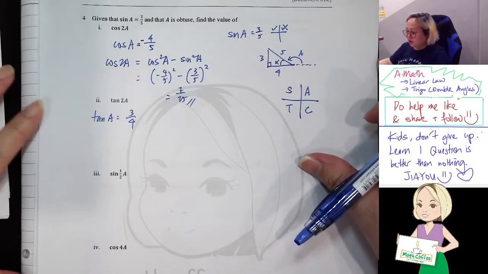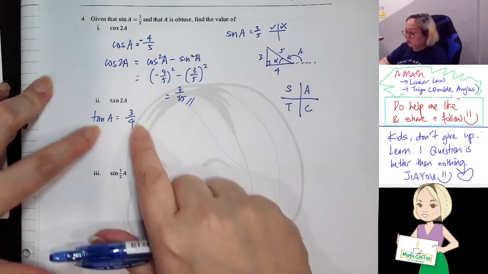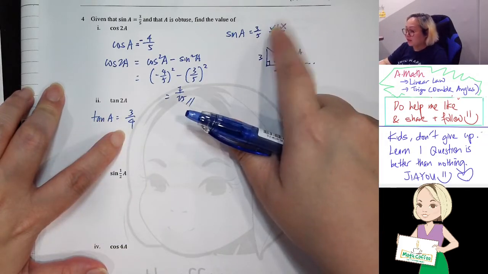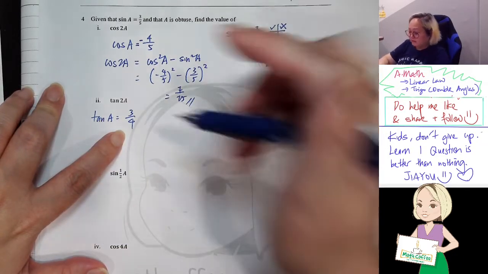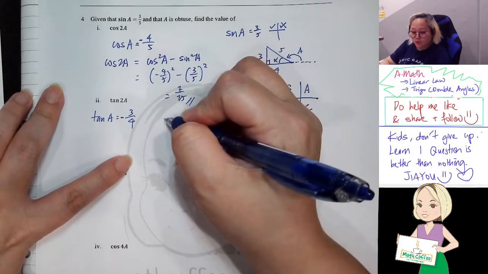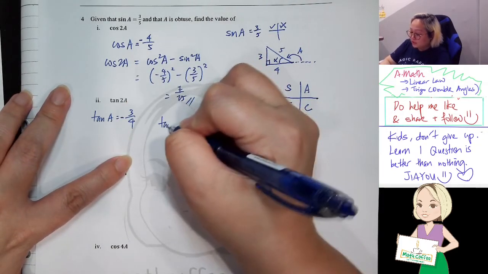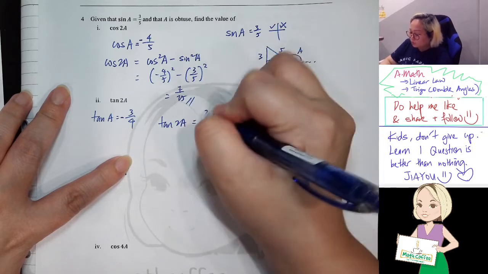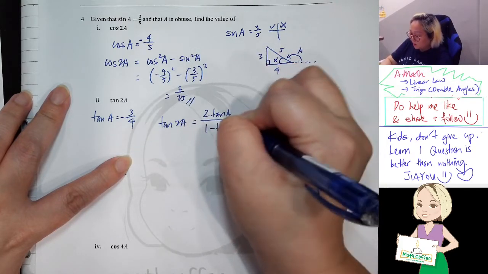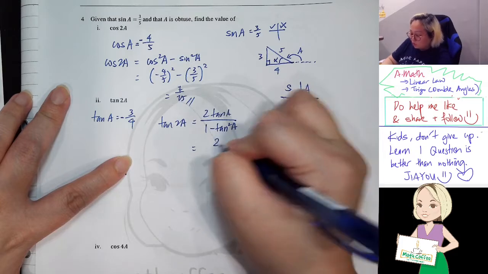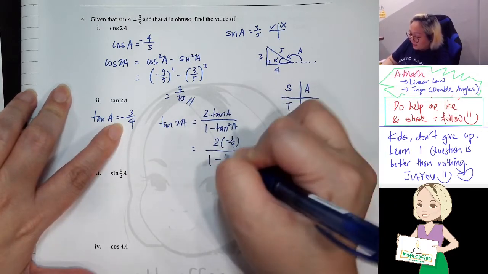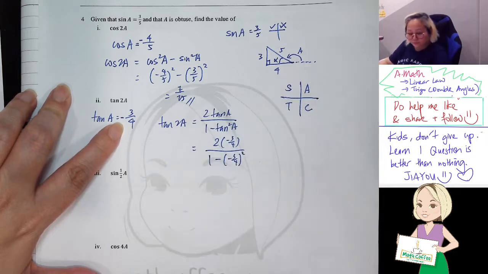Okay, let's move on. So I have found my tangent A is 3/4, but because A is in the second quadrant, tangent is negative. So I have to put minus. So now we are ready to use the double angle formula. So tangent 2A is equal to 2 tangent A over 1 minus tangent square A. So it will be 2 bracket minus 3/4 over 1 minus negative 3/4 squared.